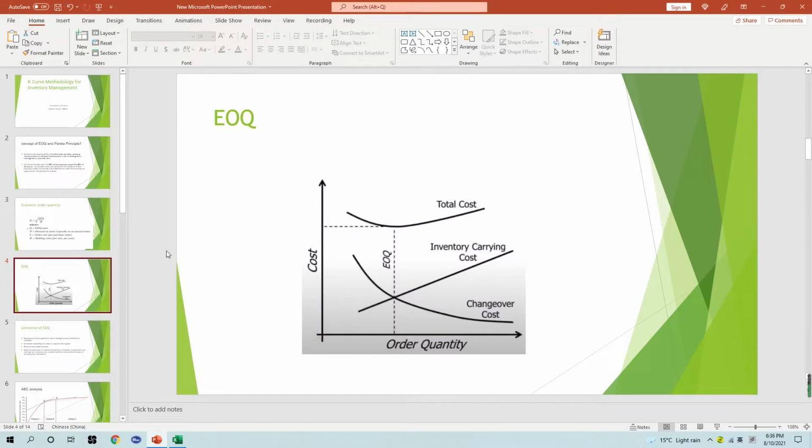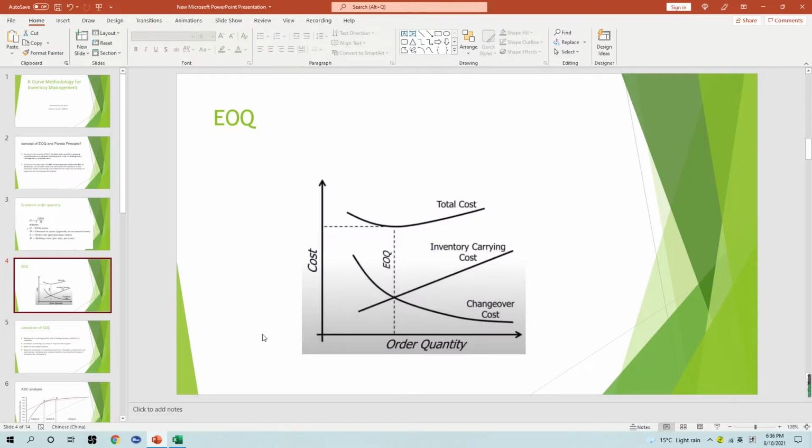If we look at the diagram here, it basically means balancing the costs related to the number of orders being placed against the costs related to the size of the order being placed.